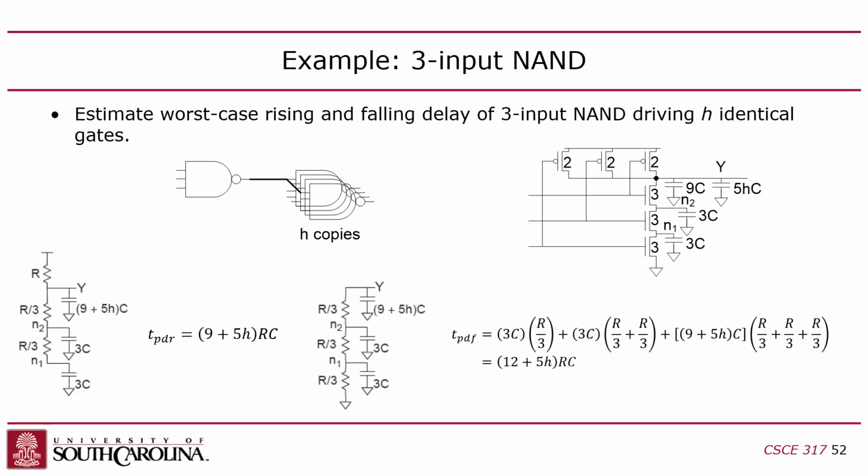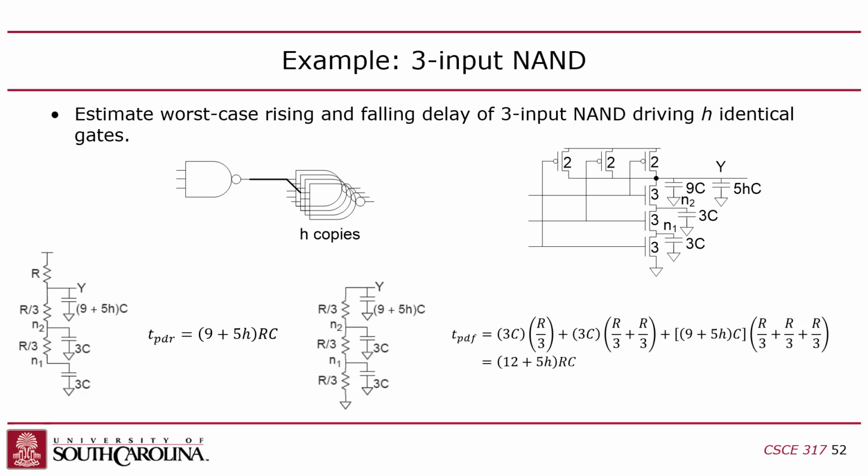Pull down is a little bit more complicated though, because the pull down has these 3 transistors in series, and this is where you have to use the Elmore delay. So the problem here is that if I want to pull down, I've got to turn all 3 of these guys on, right? And so the delay here is going to be, from here pulling down, I'm going to have 3 units of capacitance on this guy, right?